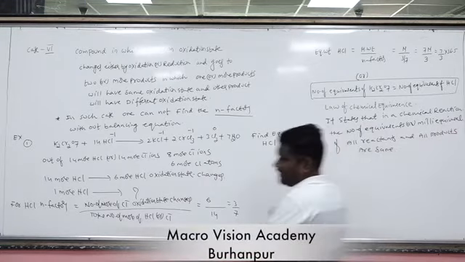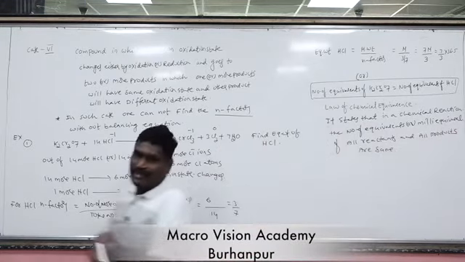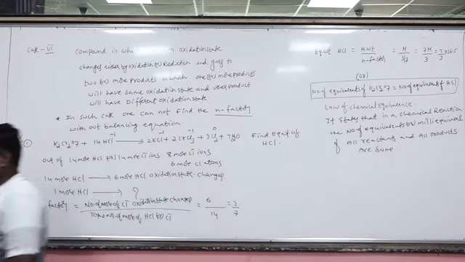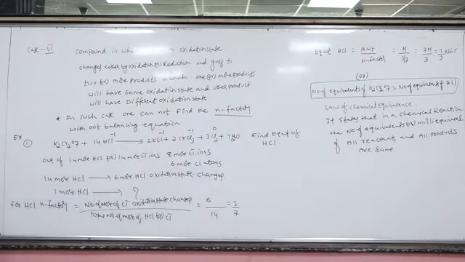So this is the definition of the law of chemical equivalence. What is the definition of the law of chemical equivalence? In a chemical reaction, the equivalents or milliequivalents of all reactants and all products must be the same.